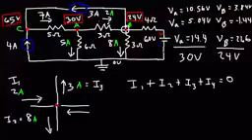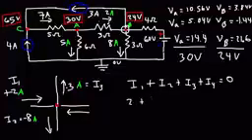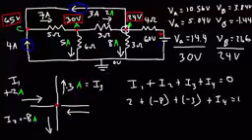Now what we need to do at this point is assign positive and negative values. So let's say that the current flowing into the point, we're going to give it a positive value, whereas the current leaving point B, we're going to give it a negative value. That means that I2 and I3 should be negative because those currents are moving away from point B. So I1 is positive 2, I2 is negative 8, I3 is negative 3, and so we can now calculate I4.